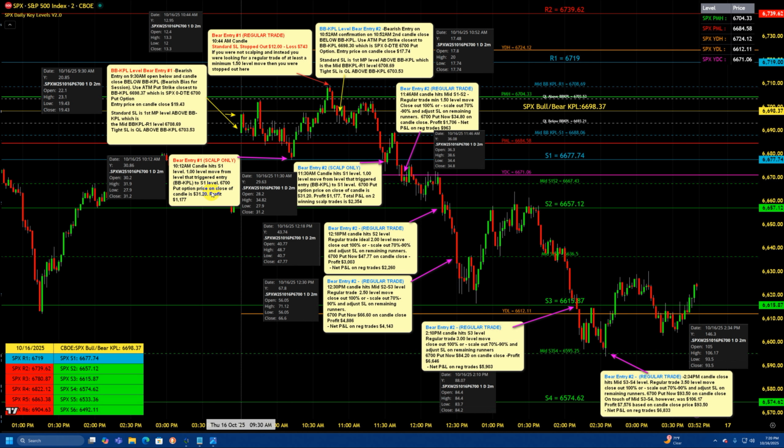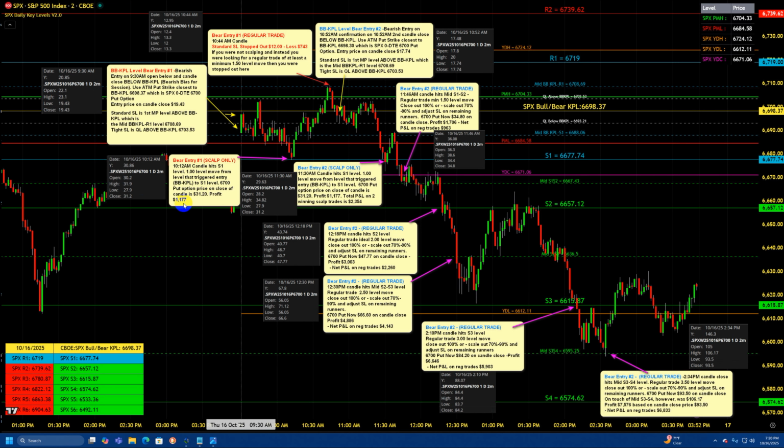The 6700 put option price on the close of this candle is 31.20. Now the price was higher when it touched it, but we're just going off the candle closes. So the candle close is $31.20. It did reach a high of 31.9, so that was reached when it had this wick down below where it actually touched it.